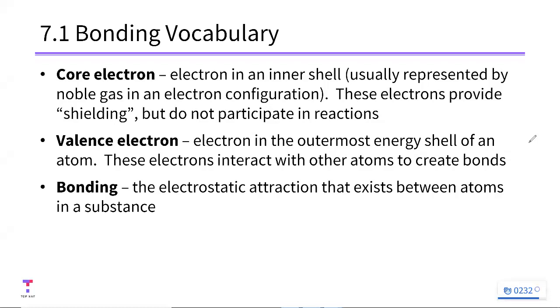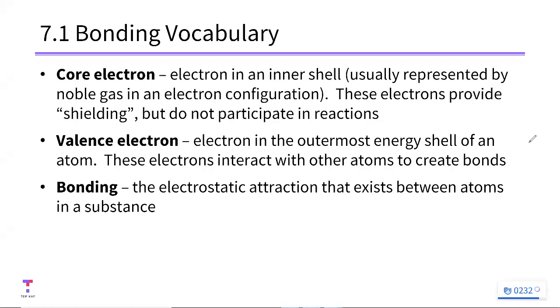Those inner shell electrons, those are our core electrons. They're the ones that are in the interior shells of the atom. Those are the ones that primarily serve the purpose of shielding. If you don't remember shielding, think about your periodic trends. What's keeping the nucleus from those outer electrons way out there?